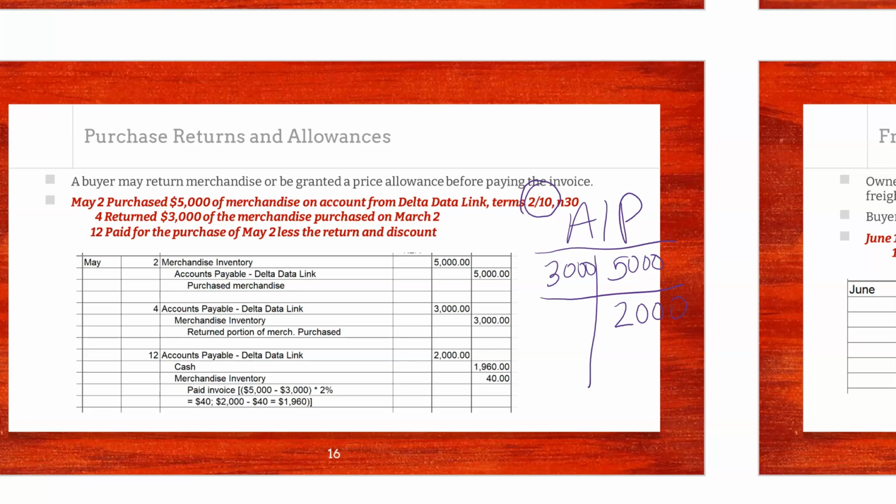Okay? We only have to pay them $1,960 because we had a 2% discount in the form of $40 that you see here. Okay? And this part right here is just showing you the calculation of how we got there. Okay? So this is what happens if something is returned before it is paid.